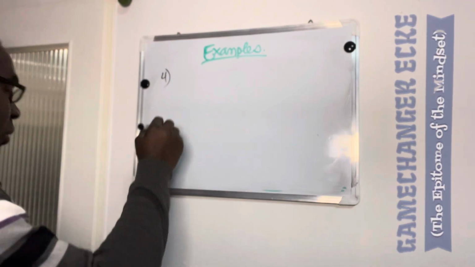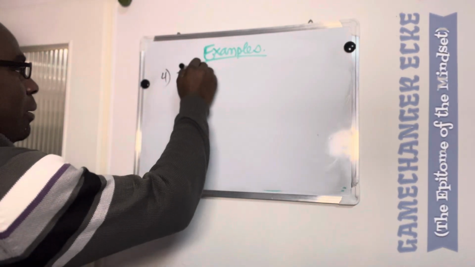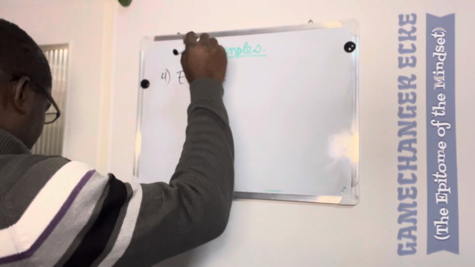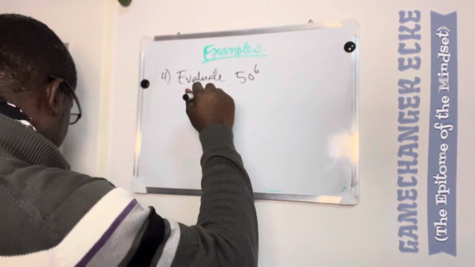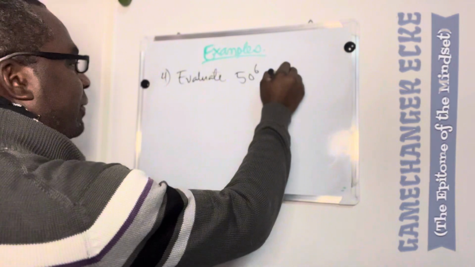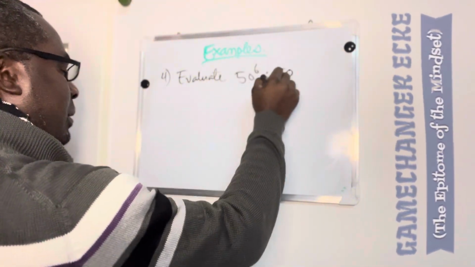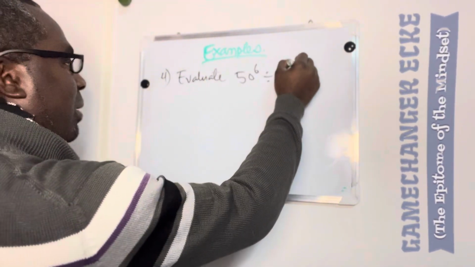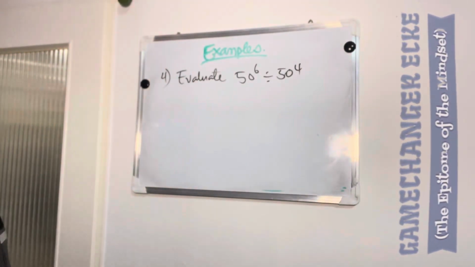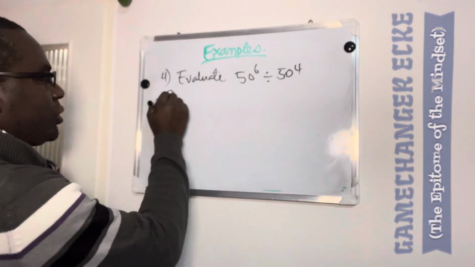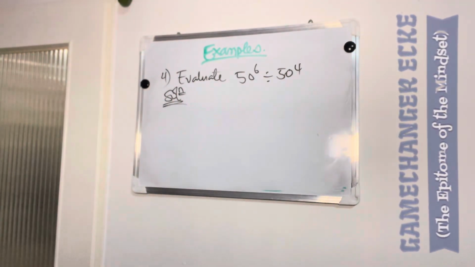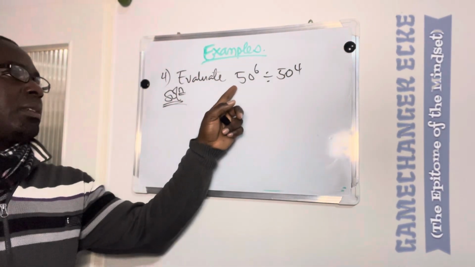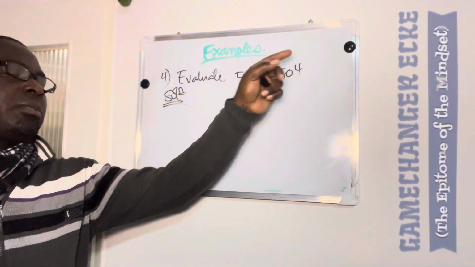In example number 4, we have been asked to evaluate 50 to the power 6 divided by 50 to the power 4.